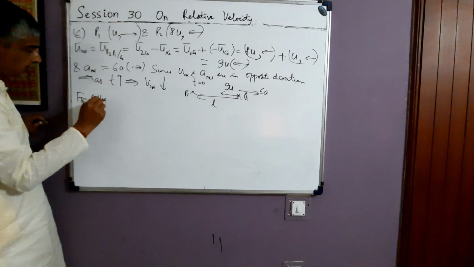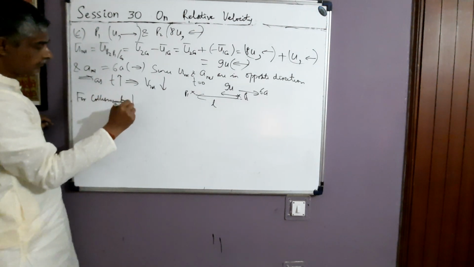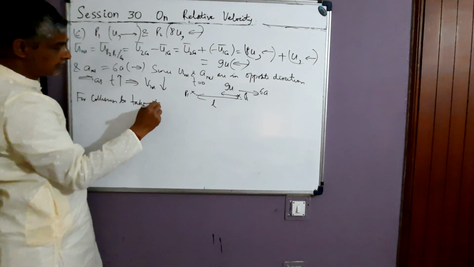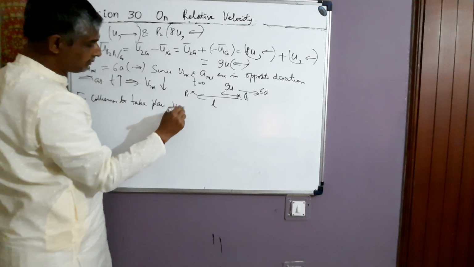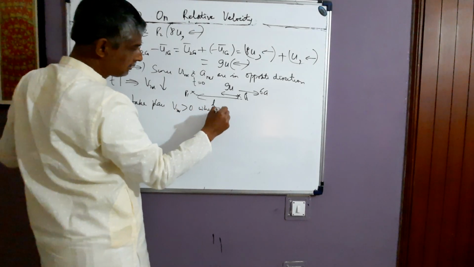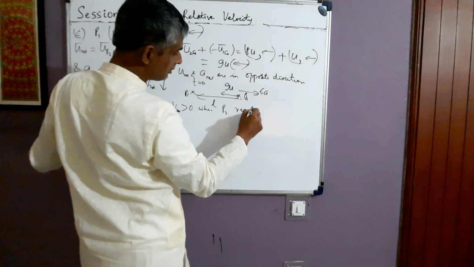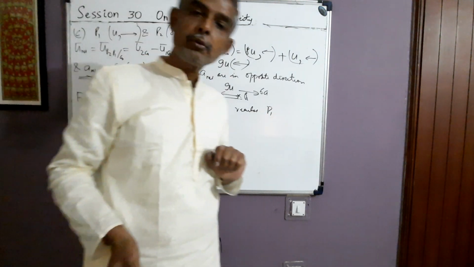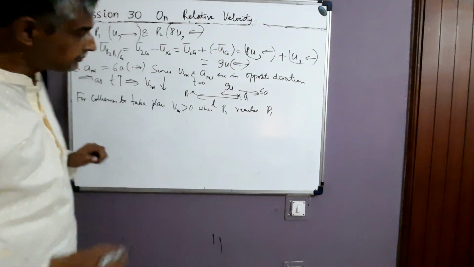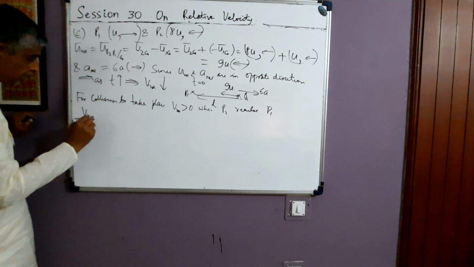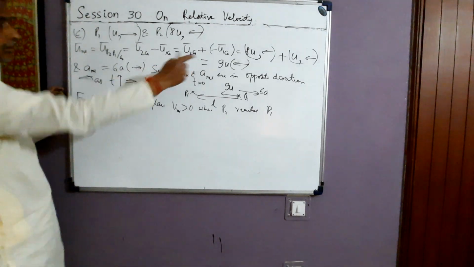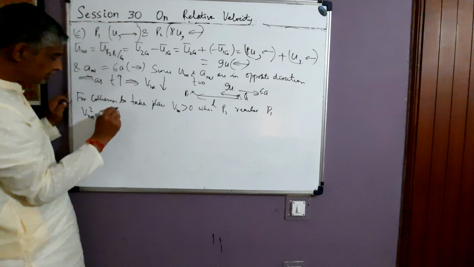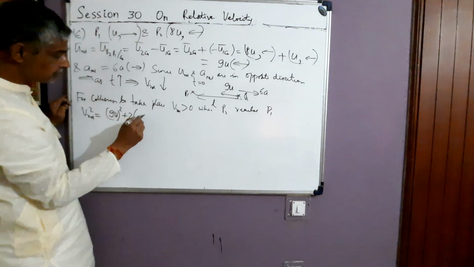For collision to take place, v relative should be more than 0 when P2 reaches P1. Again, to find v relative we will use the third formula for constant acceleration along a straight line. v relative square equals u relative square, u relative is 9u, so 9u whole square, plus 2 a relative. a relative is minus 6a.